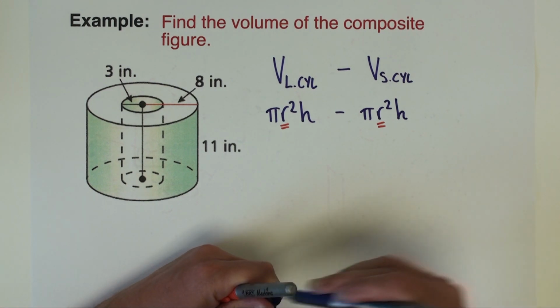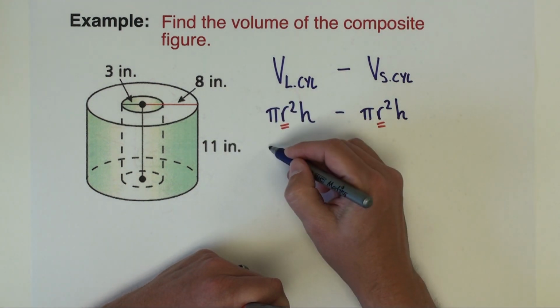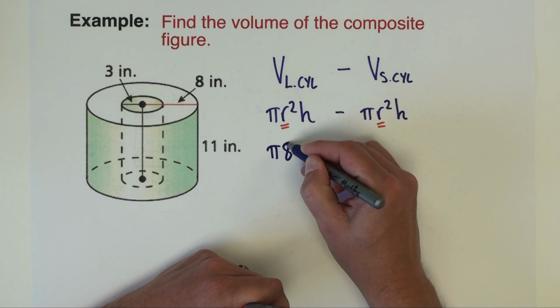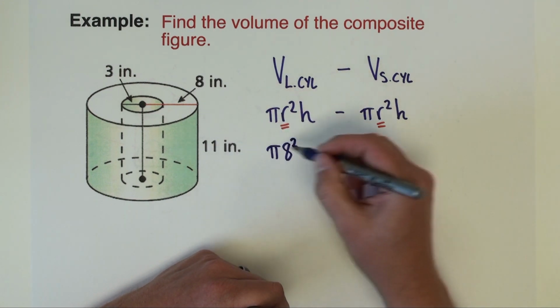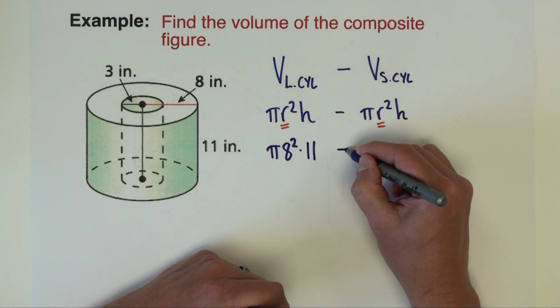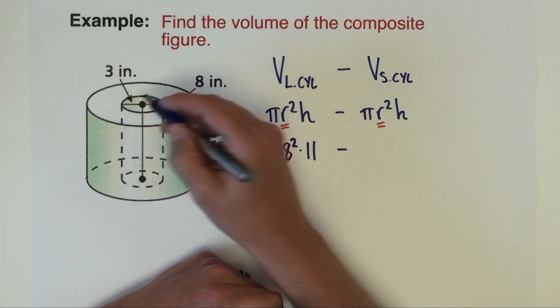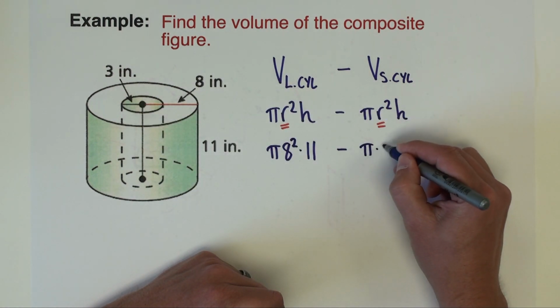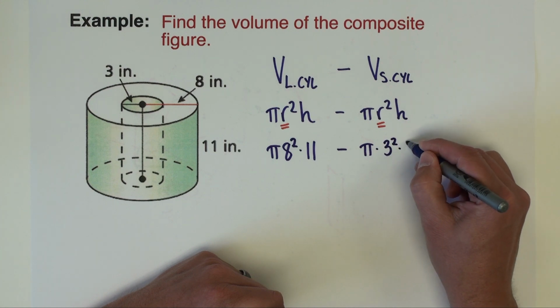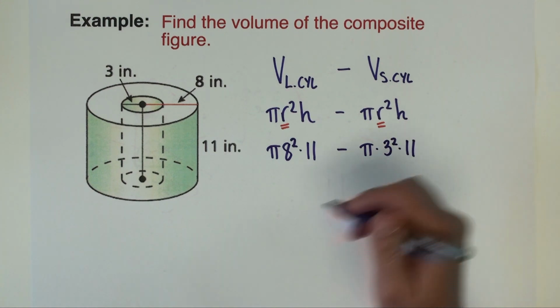So in the larger cylinder, the radius has a length of 8. So we're going to go pi times 8 squared times the height, which is 11, minus the smaller cylinder has a radius of 3, so we're going to go pi times 3 squared times 11.